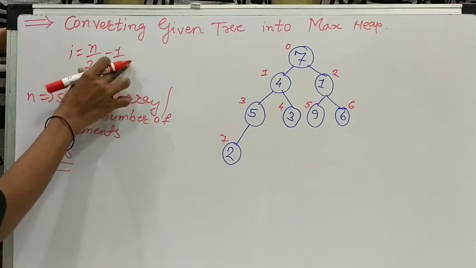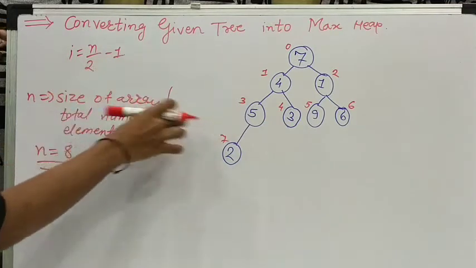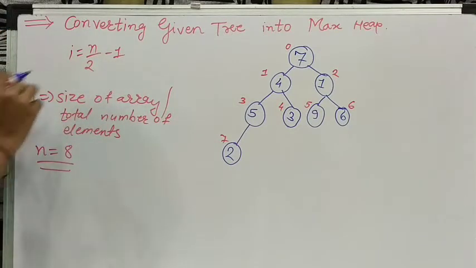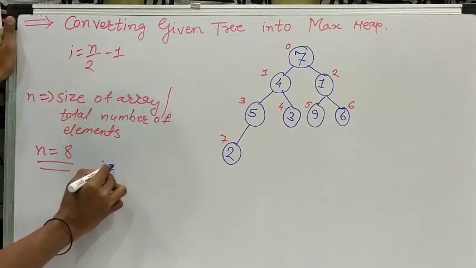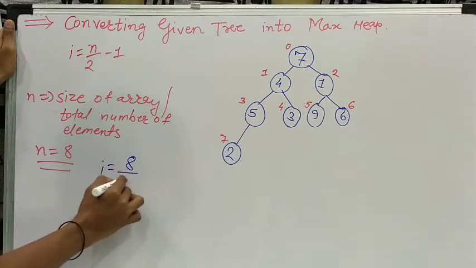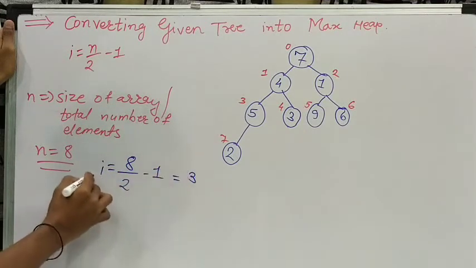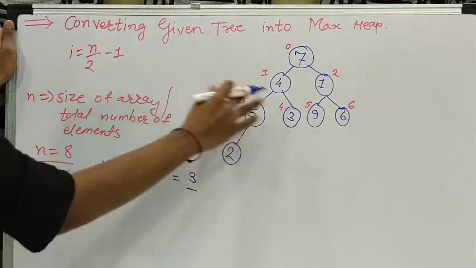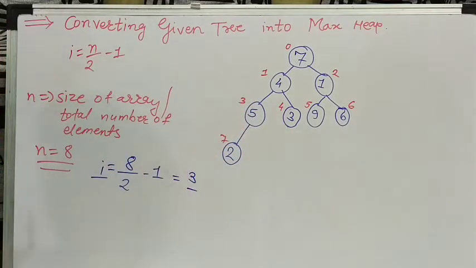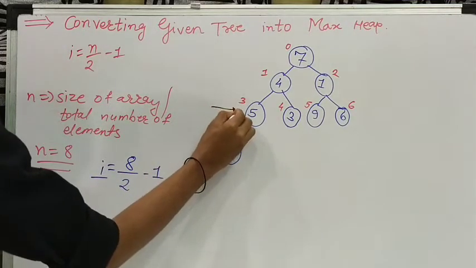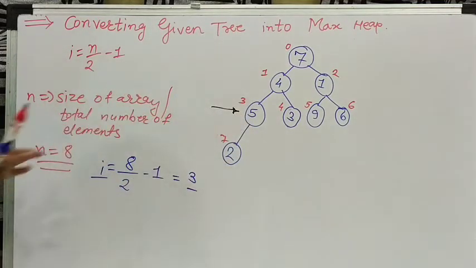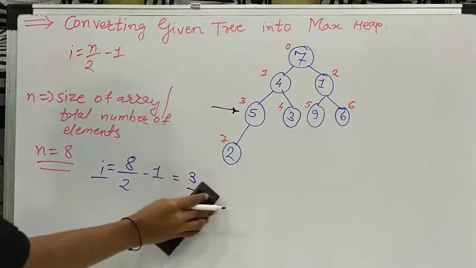Now see from where we have to start to heapify this tree. n is 8, so 8 by 2 minus 1. 8 by 2 means 4, 4 minus 1 means 3. So we will start to heapify this tree from index 3. My index 3 is here.